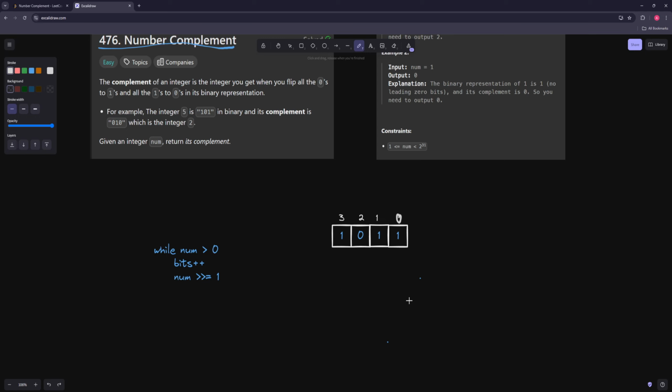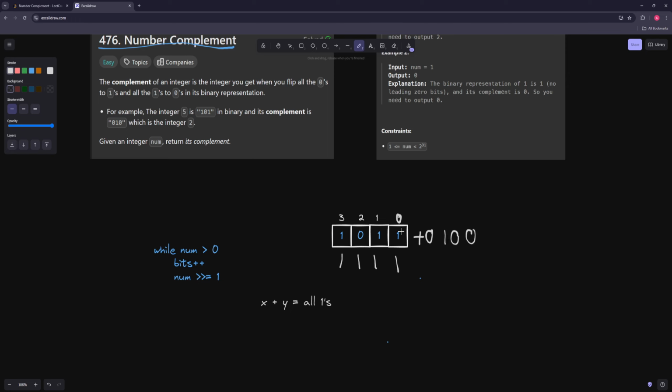Another way you can do that is notice that if we have this number, our original number, let's call that x, plus its complement, all the bits flipped, let's call that y, will equal this all 1s. Because in this number, some bits are going to be 0s, some bits are going to be 1s, but that added to its complement, which in this case will be 0, 1, 0, 0.